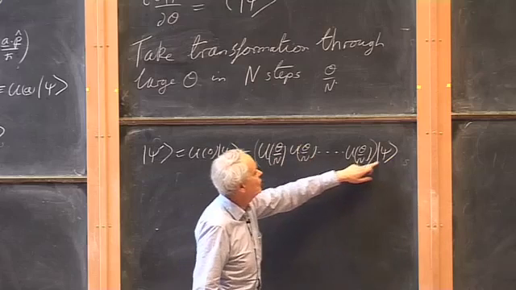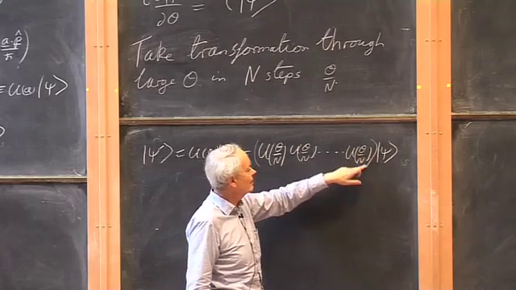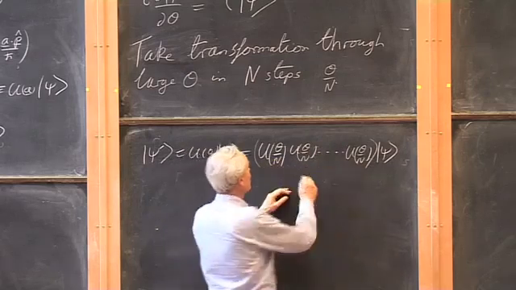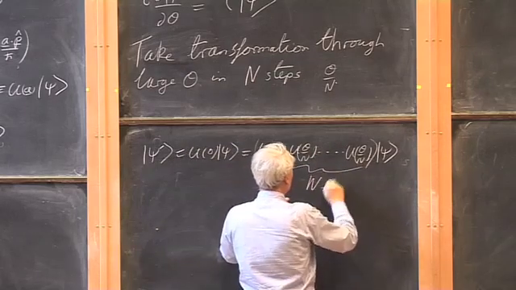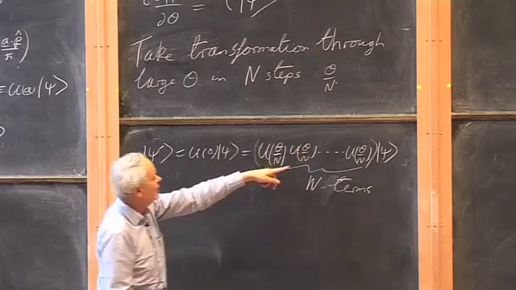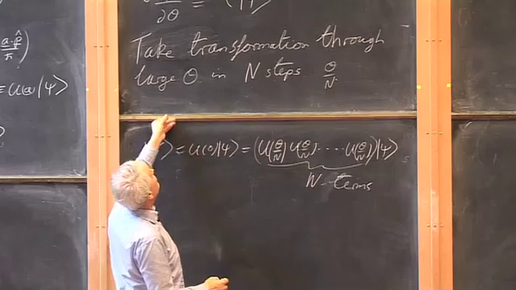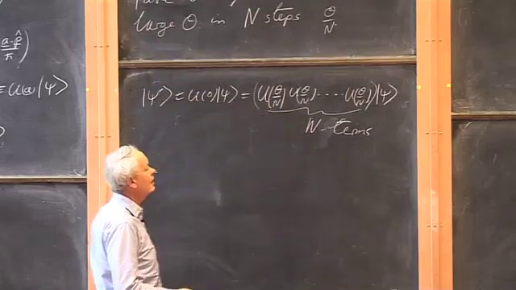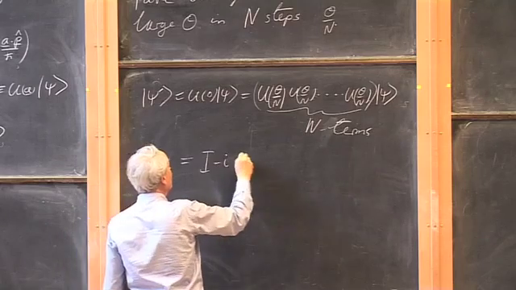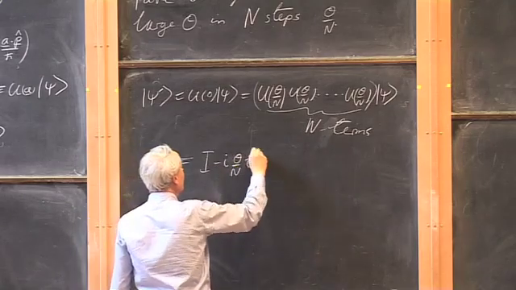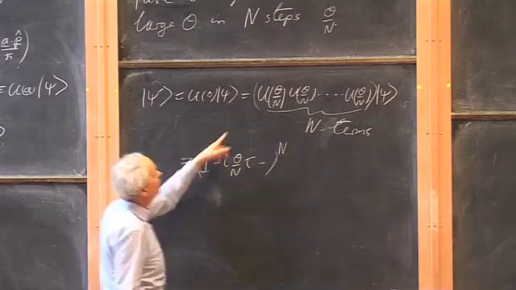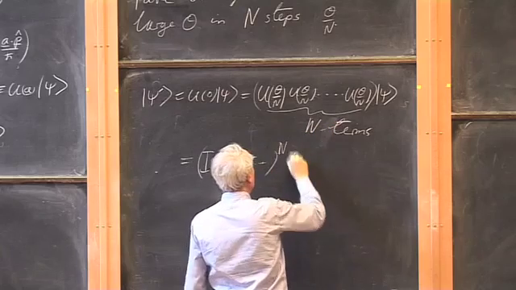So we make a transformation by an amount theta over n, and then another one theta over n, so there are n terms. And each one of these u's, we can use that natty formula up there because for each one of these, theta over n is small. So this can be written as 1 minus i theta over n tau plus stuff which we're going to be able to neglect. This is raised to the nth power because there are n of these terms on psi.